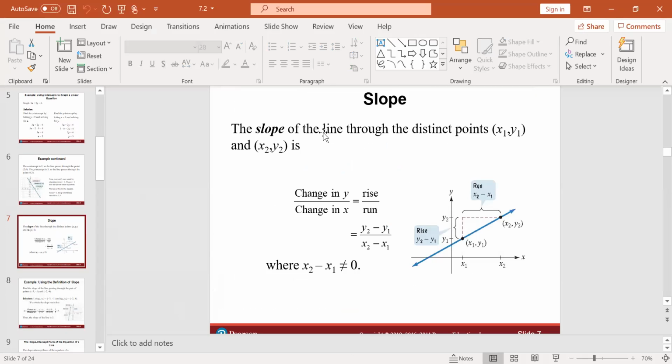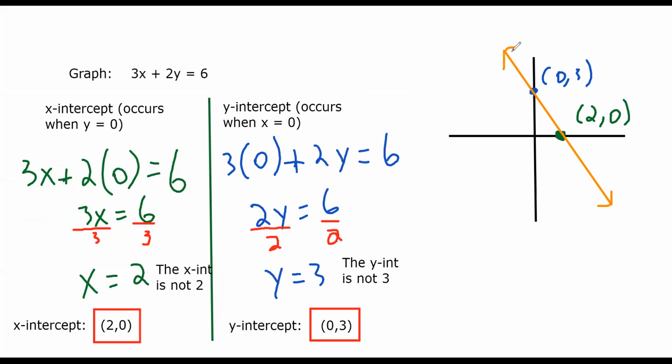So here's the skinny. If you look at the line we just graphed in orange here, you'll notice that as I go from left to right, the thing is going downhill, isn't it? It looks like I'm walking downhill. Whenever you're walking downhill, you're said to have a negative slope.